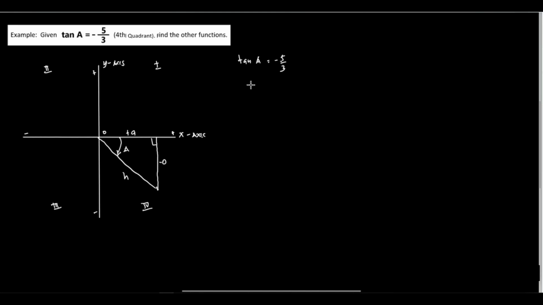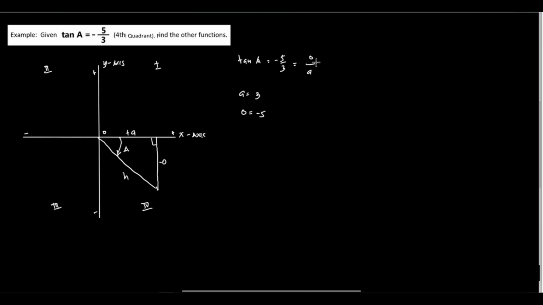Therefore A is equal to, if this is opposite over adjacent, A is positive, and it is 3. O is negative, therefore that's -5.